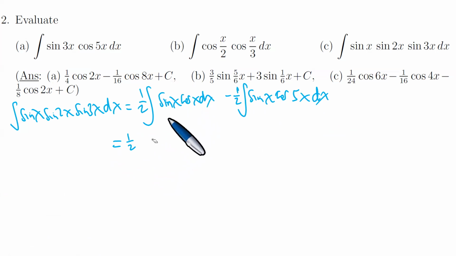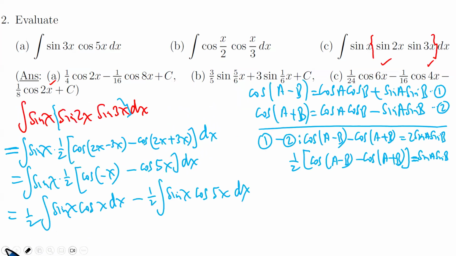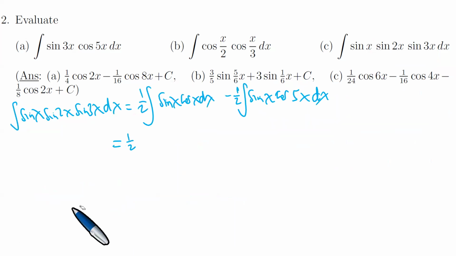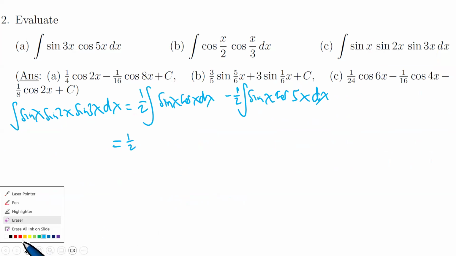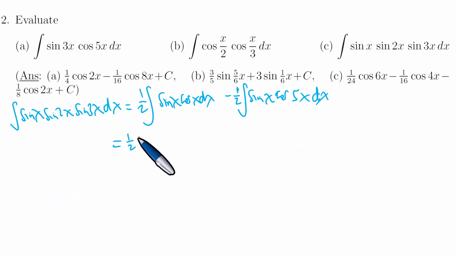You can even let u be sine and then differentiate. Simultaneously, you can use our same formula so that it is 1/2.